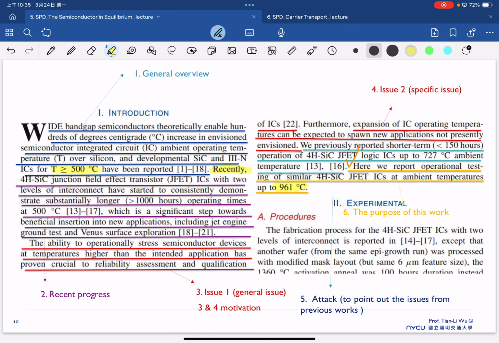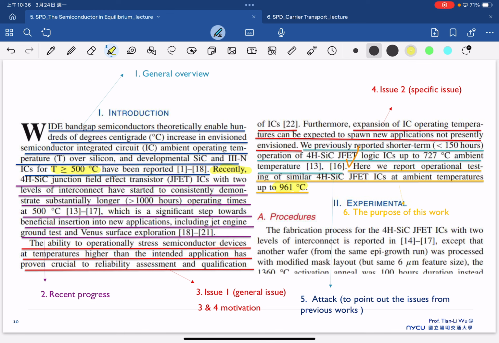So if you look at this literature and you don't have time to read all the detail, you can still understand what they say. It's probably like 20 to 30 lines, but the most important is always the last one. The purpose, the main motivation, is the last one.